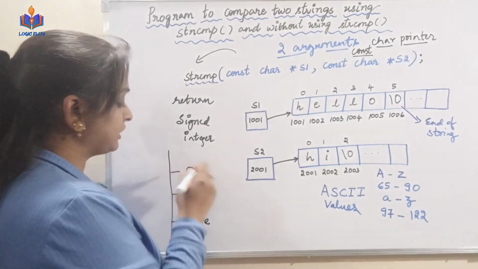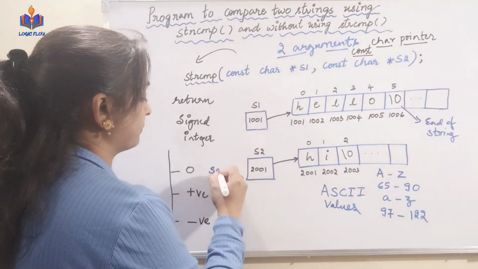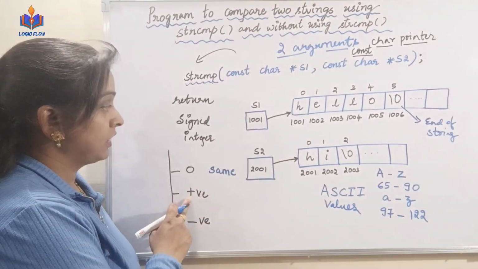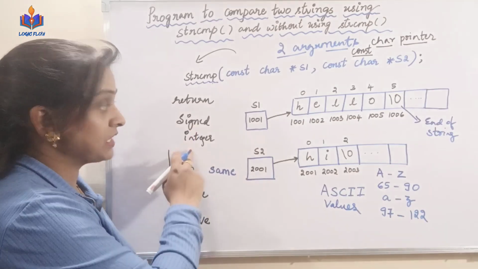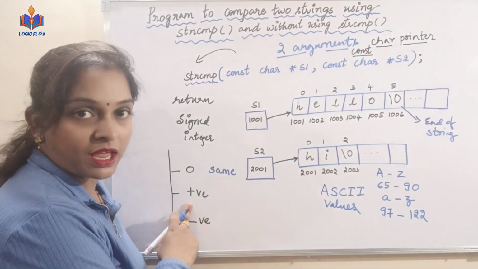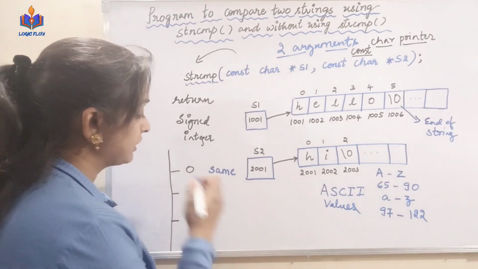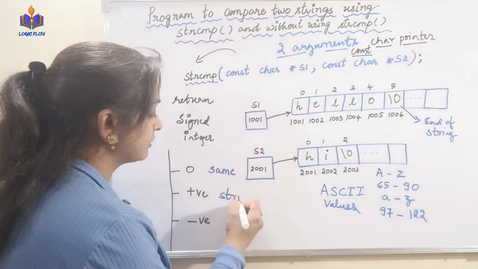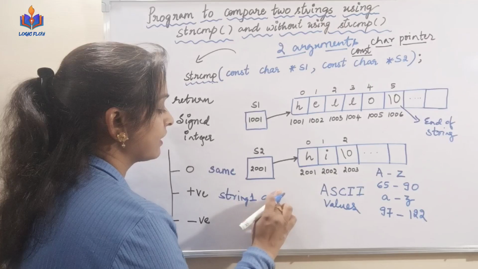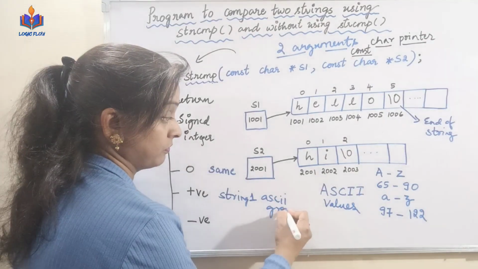If it is going to return 0, it means the strings are same. If it is returning a positive, it is representing a signed value, so it is a signed integer it is going to return. If it is returning positive, it means the string 1 ASCII value is greater.